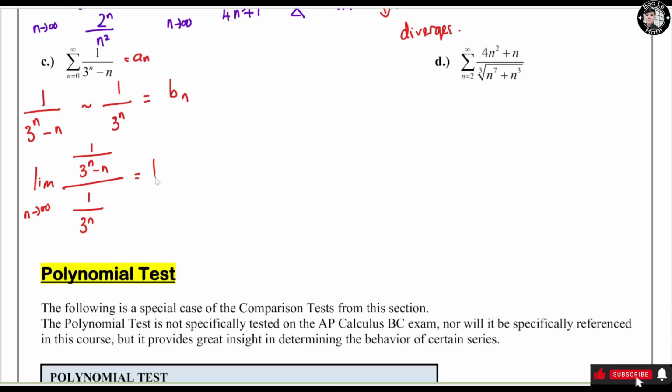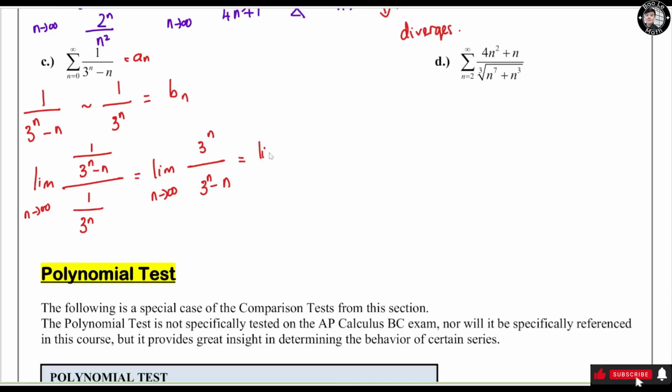So then it's going to be the limit of, I'm going to multiply the top and bottom by 3 to the n. So it could be 3 to the n over 3 to the n minus n, when n approaches infinity. This one right here grows faster than this guy, so we can ignore this guy.